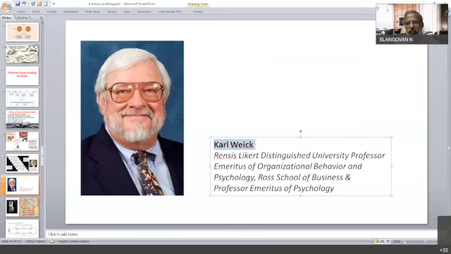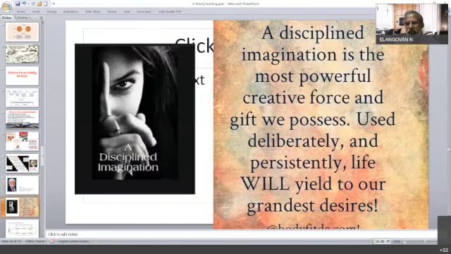Carl Weick is a professor in psychology. What he talks about is disciplined imagination as a method of theory building. That is where the theory gets improved, goes forward and gets expanded.